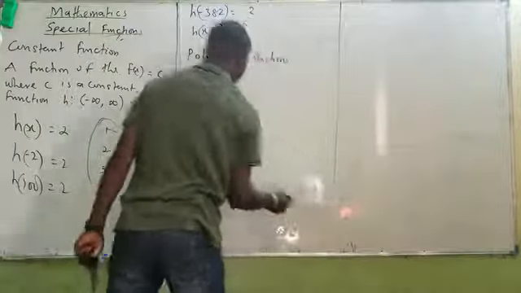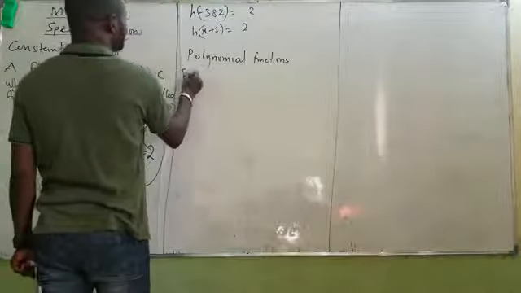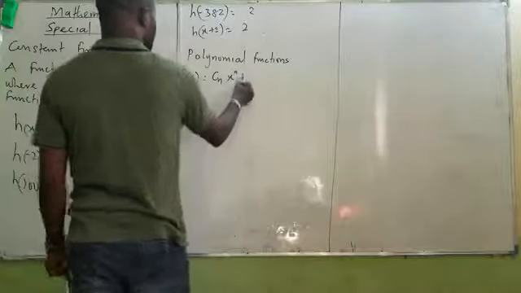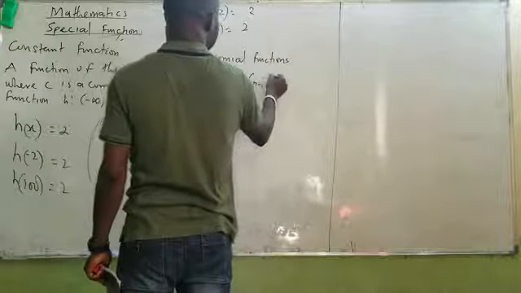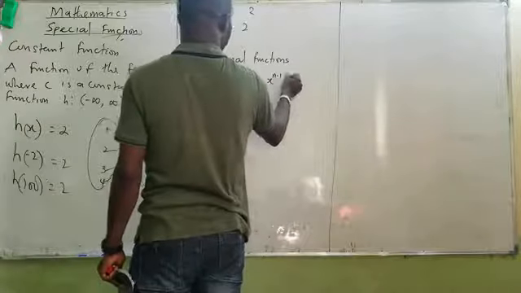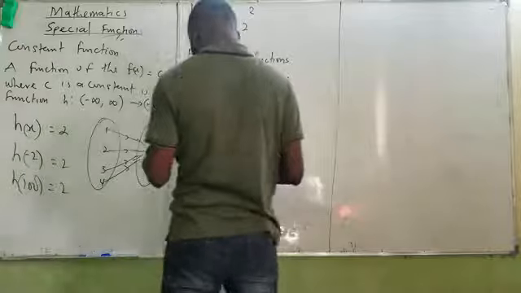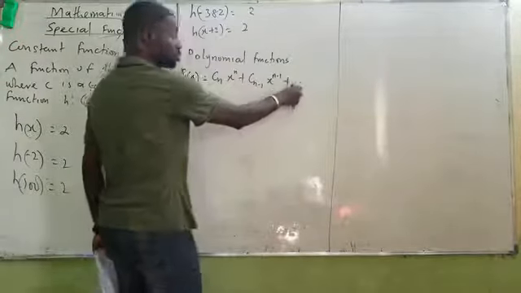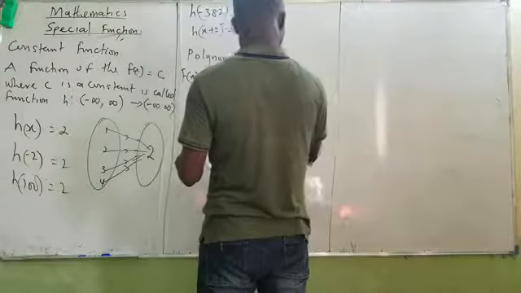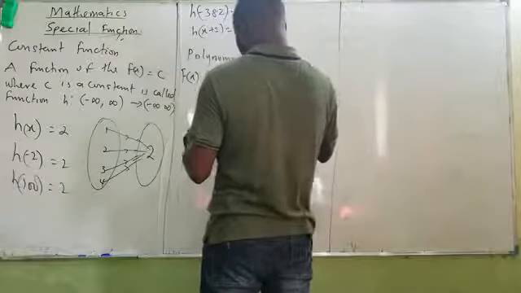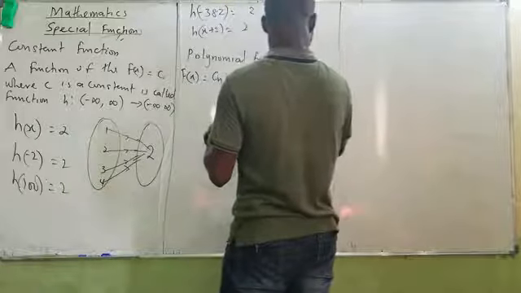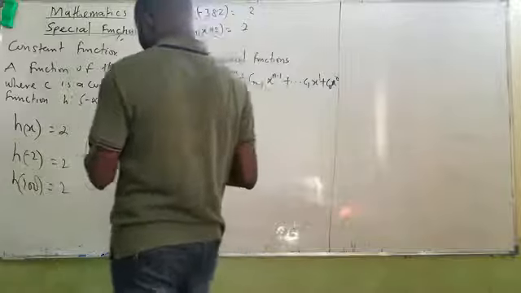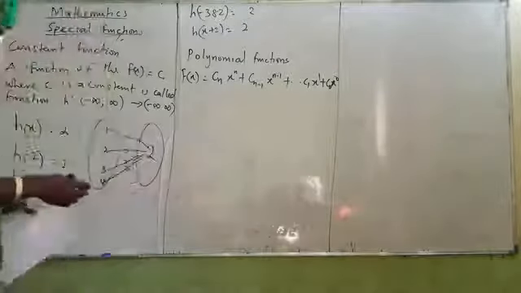Just know that anytime we set f of x to be c of n x raised to power n, plus c of n minus 1 x raised to power n minus 1, plus and so on, down to c of 1 x of 1, plus c of naught x raised to power naught.